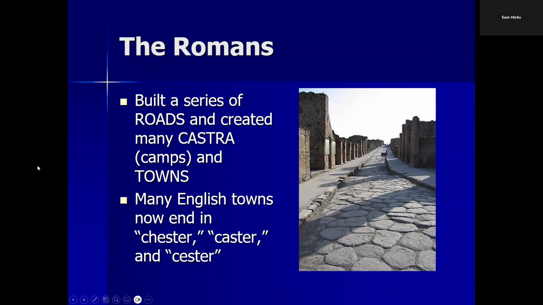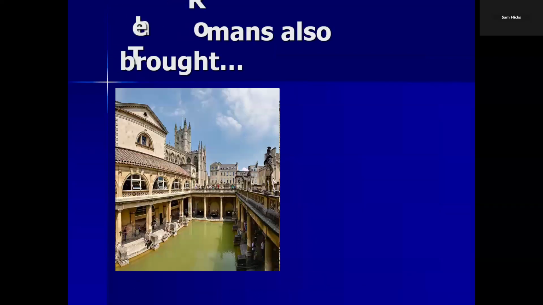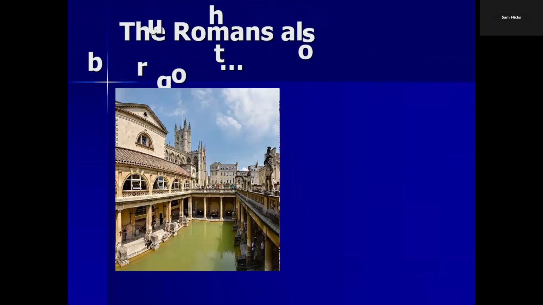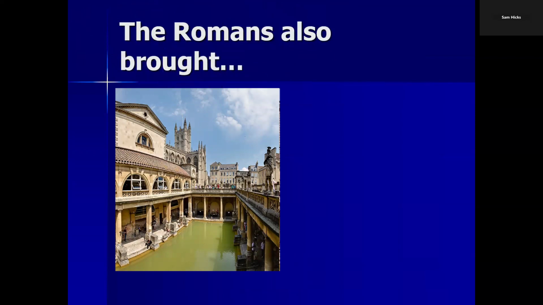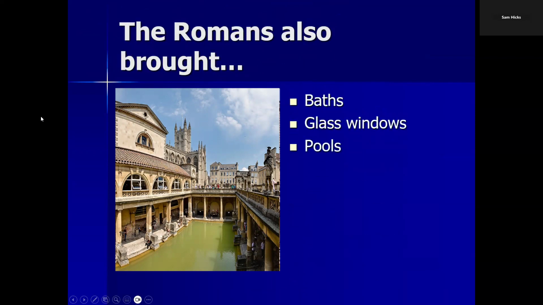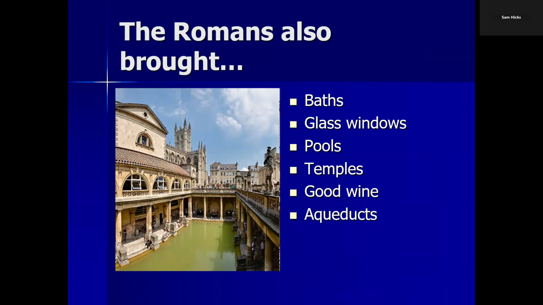They brought a lot of civilized things with them, such as baths, glass windows, pools, temples, good wine, aqueducts.